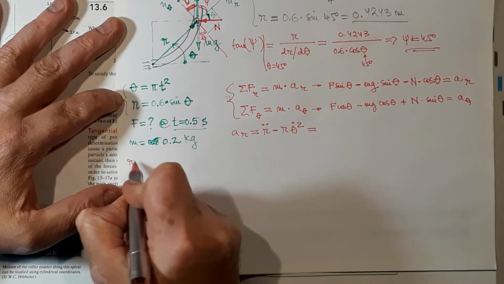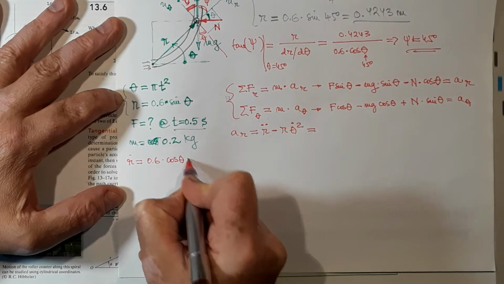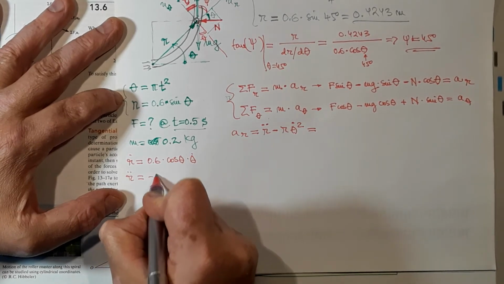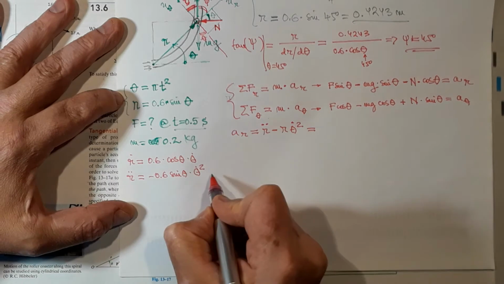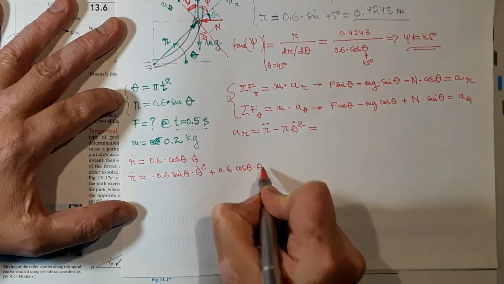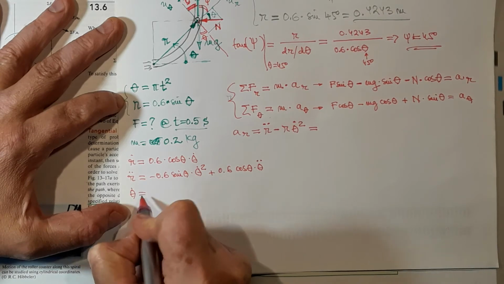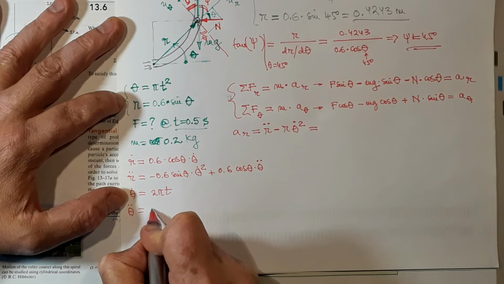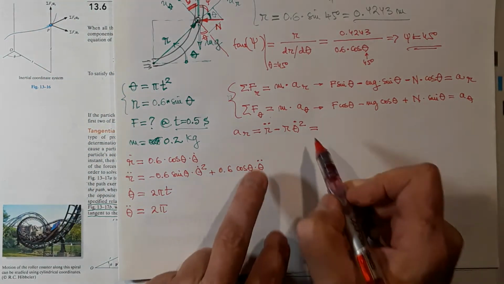We have r dot is 0.6 times cosine theta times theta dot, and then r double dot is negative 0.6 sine theta times theta dot squared plus 0.6 cosine theta times theta double dot. As for theta dot, we have 2 pi t, and theta double dot is 2 pi, and this is a constant value. Okay, so let's go back here.